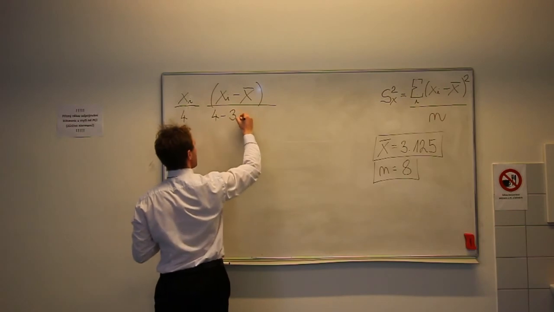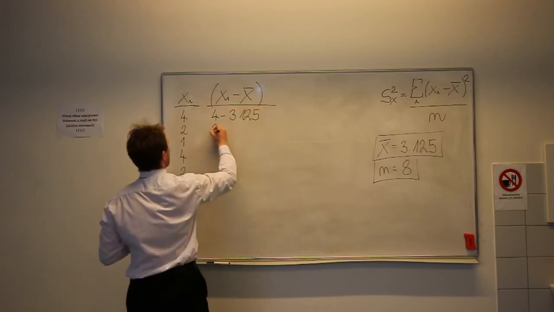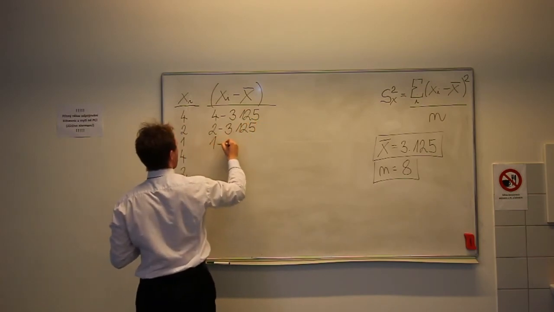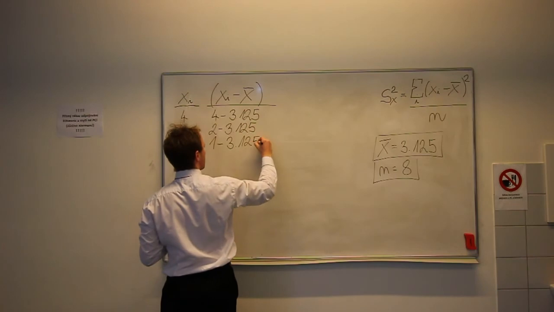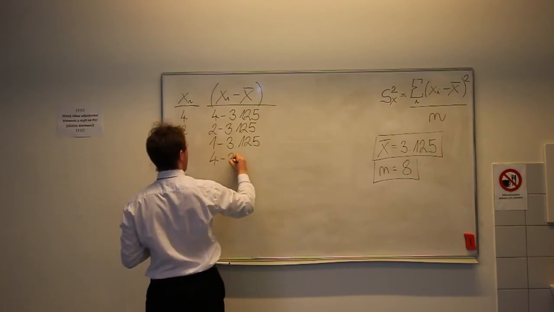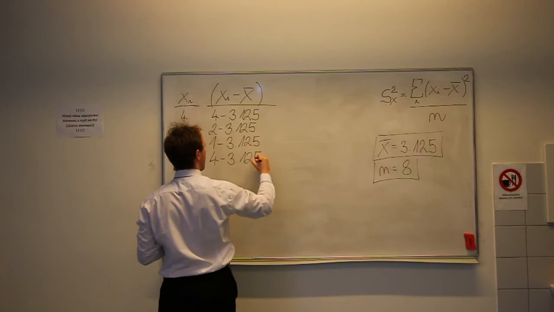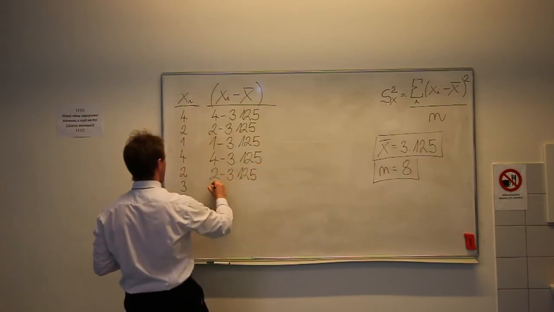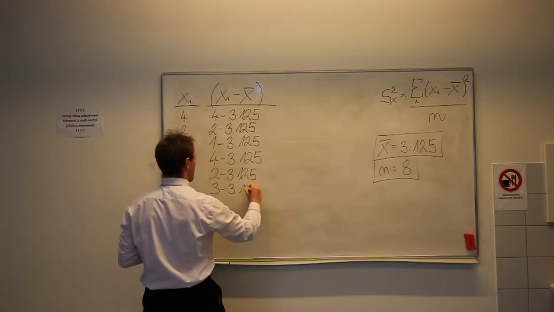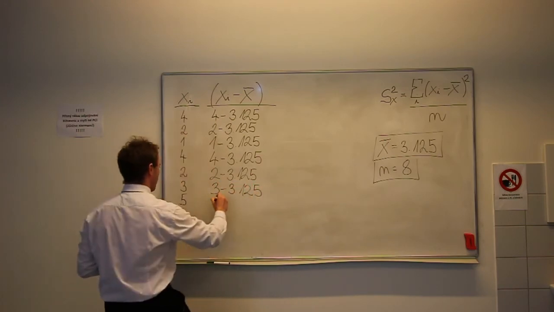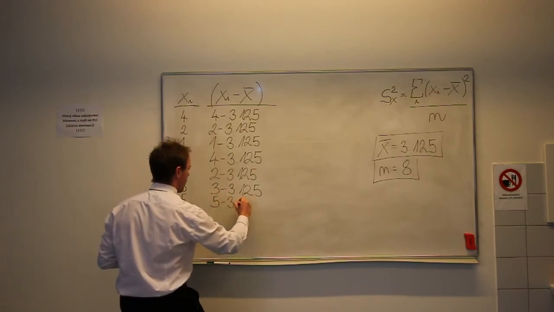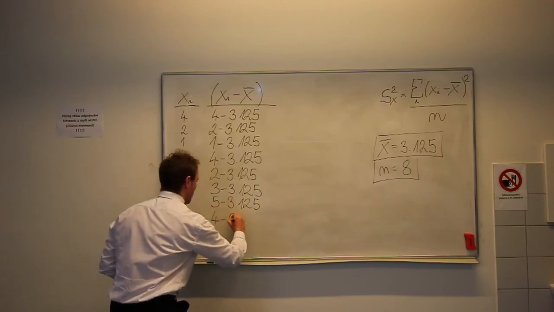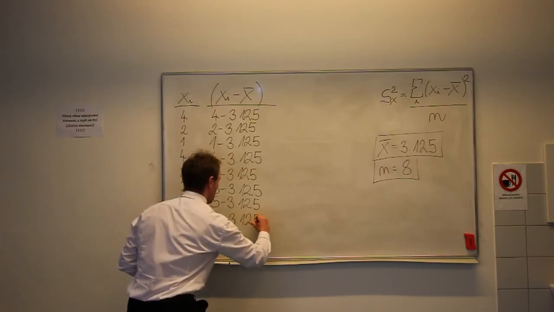4 minus 3.125, 2 minus 3.125, 1 minus 3.125, 4 minus 3.125, 2 minus 3.125, 3 minus 3.125, 5 minus 3.125, and finally 4 minus 3.125.